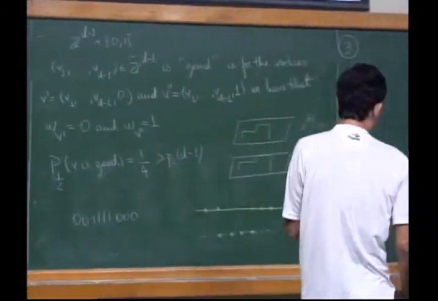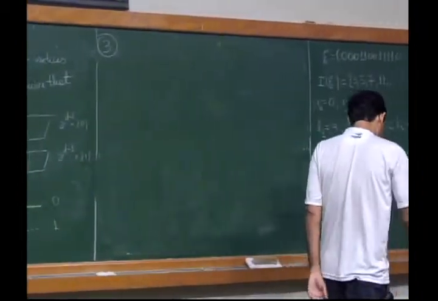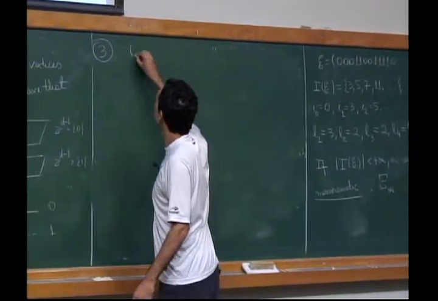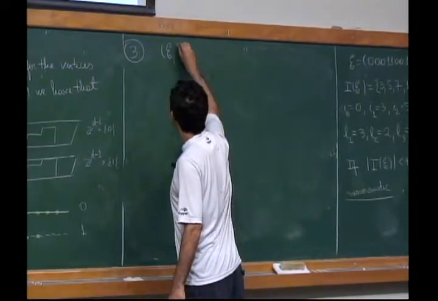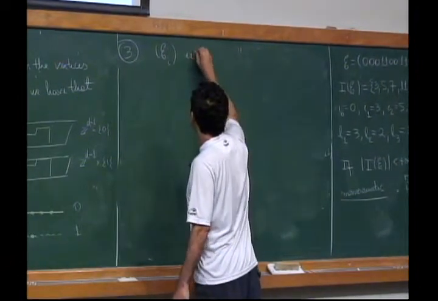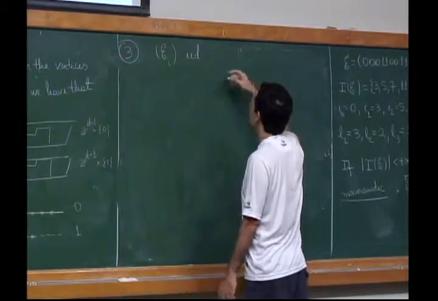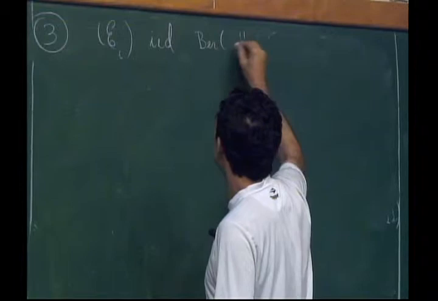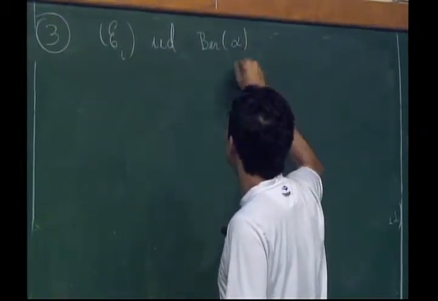In this paper on percolation of words by Benjamini and Kesten, they also consider the situation where the digits of the word are IID random variables with Bernoulli distribution with some parameter alpha.